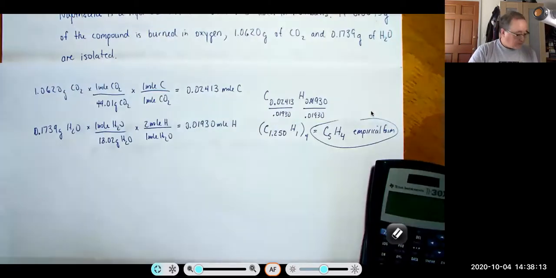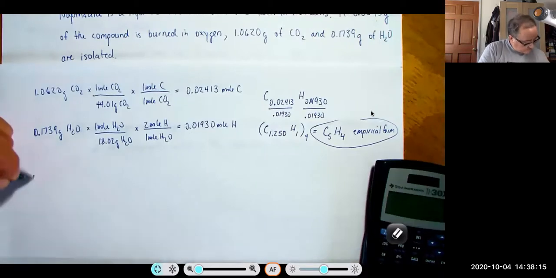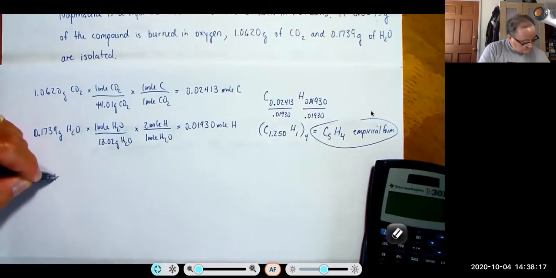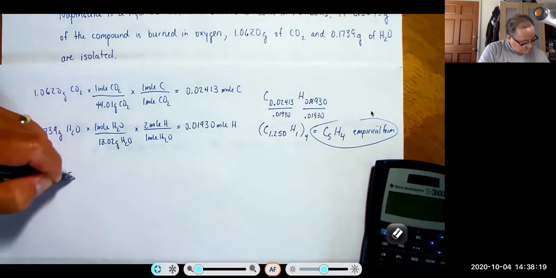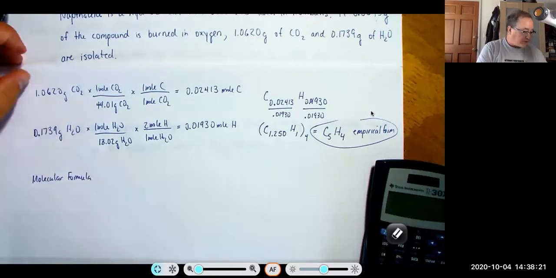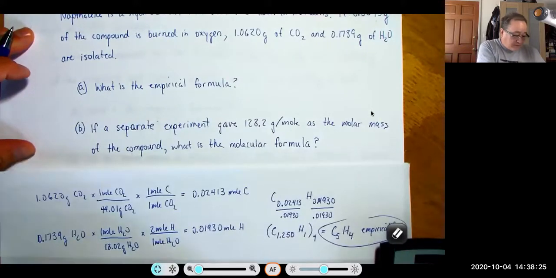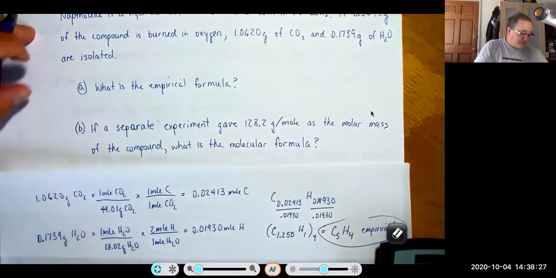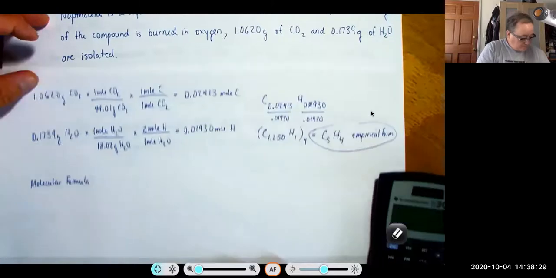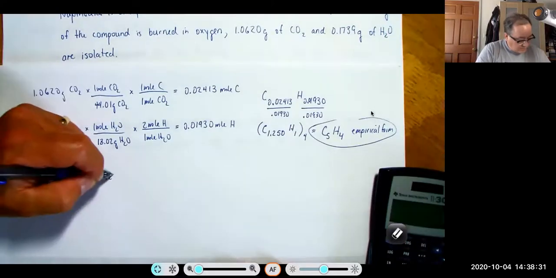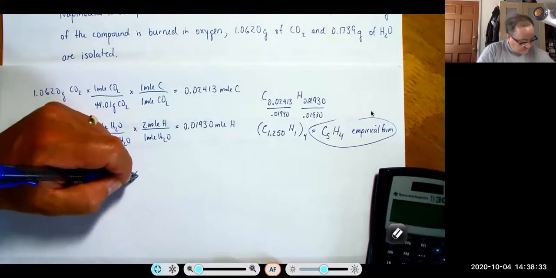Okay, now how do we get the molecular formula? What we're going to do is we're going to take this information here. The molar mass is 128.2 grams per mole.